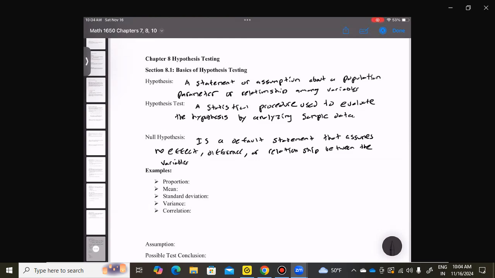For your null hypothesis, you will have an equation, and the sign in the equation is always the equal sign.